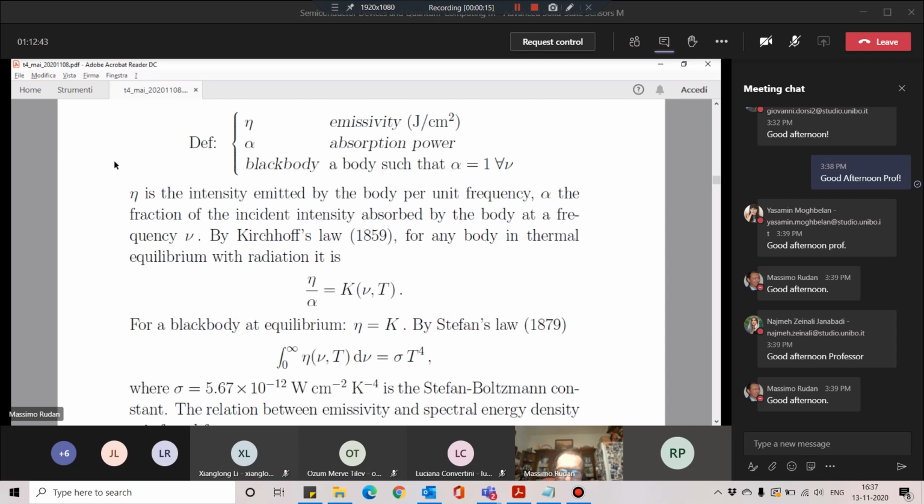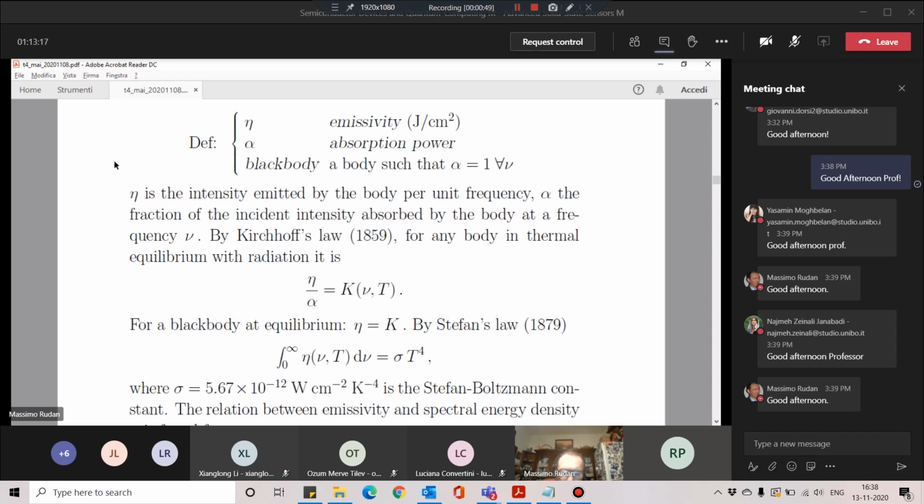And it was found that not just for the black body, but for any body that is in thermal equilibrium with radiation, it can be demonstrated using thermodynamics that the ratio between emissivity, eta, and the absorption power, alpha, is some function that depends on the temperature of the body and on the frequency.